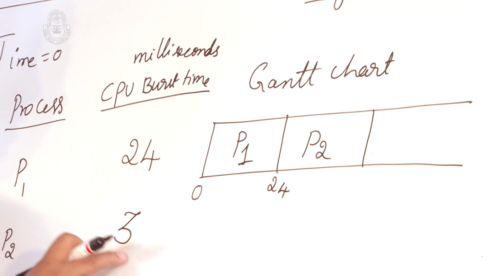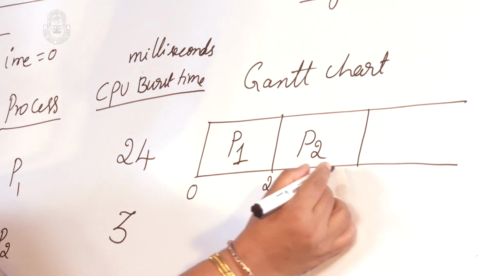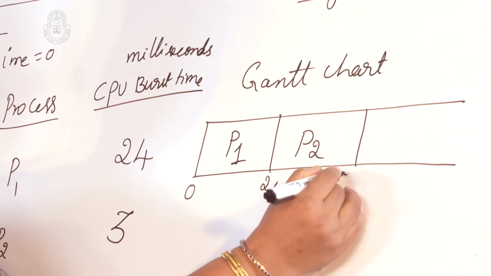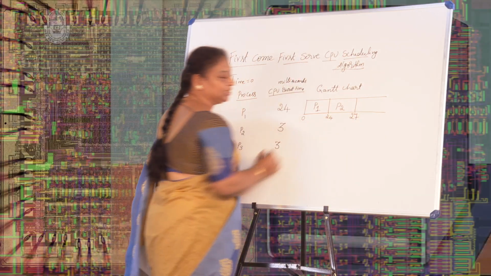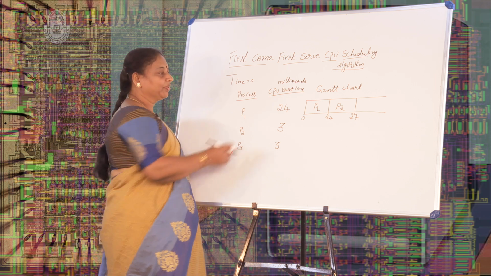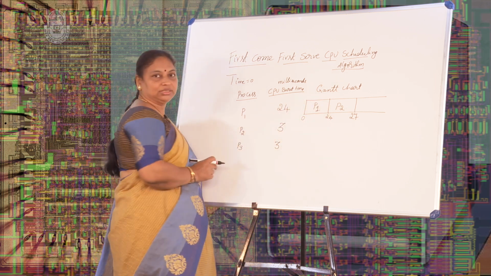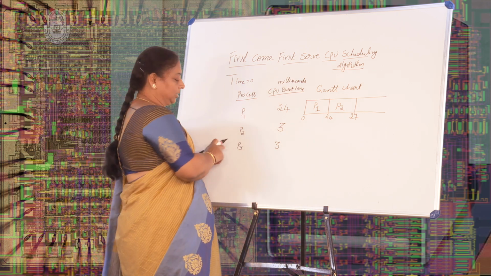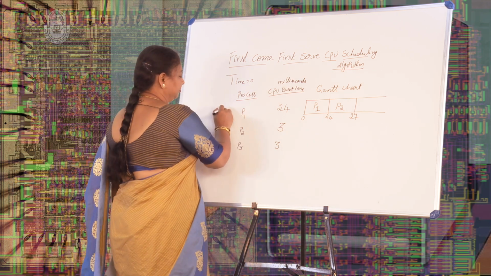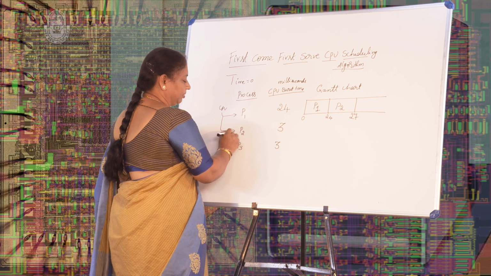P2 requires 3 milliseconds of CPU time, so 24 plus 3, till the 27th millisecond P2 will be processed. Next, the CPU will be released and given to P3.